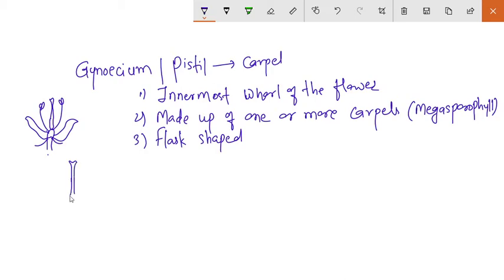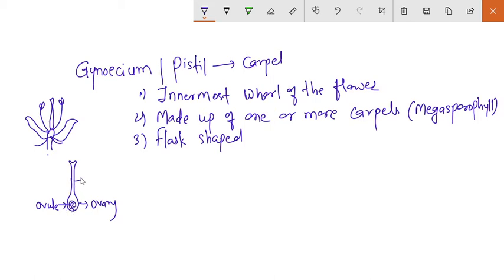These different structures are: the ovary, the basal swollen part. Inside the ovary it includes an ovule. So the basal swollen part is the ovary, and this inner part, the included part, is the ovule.